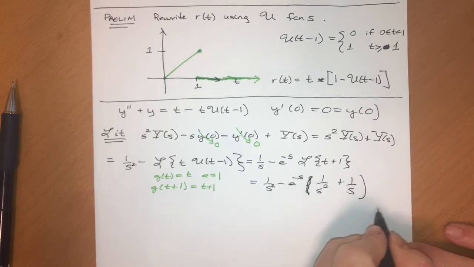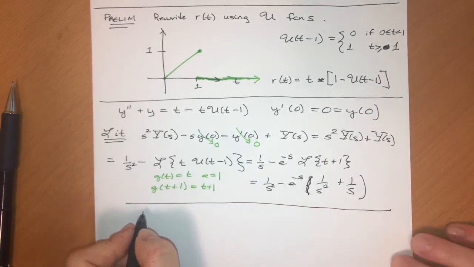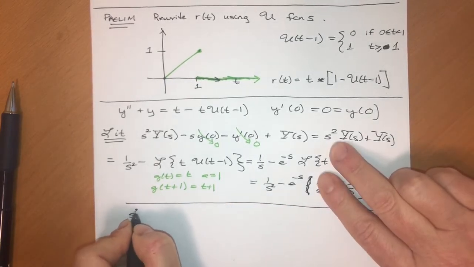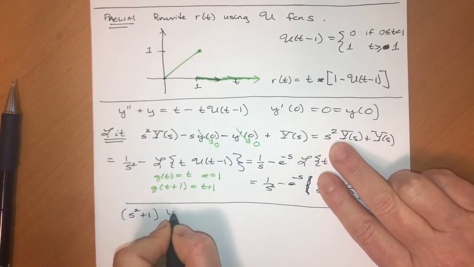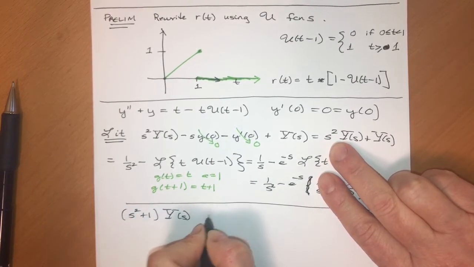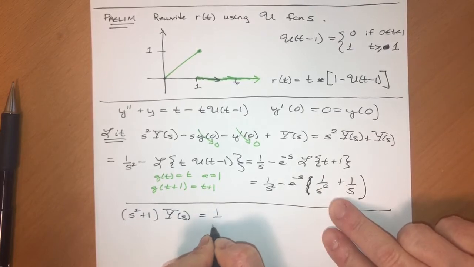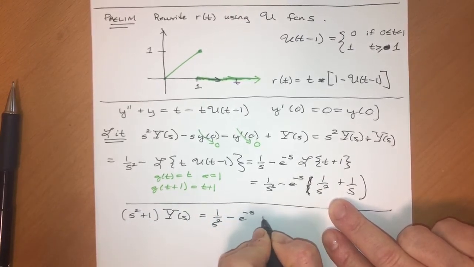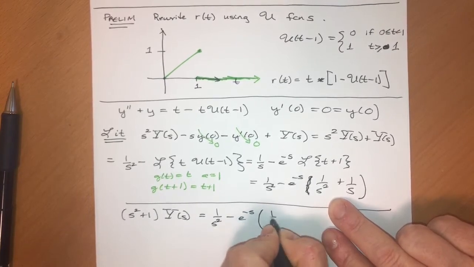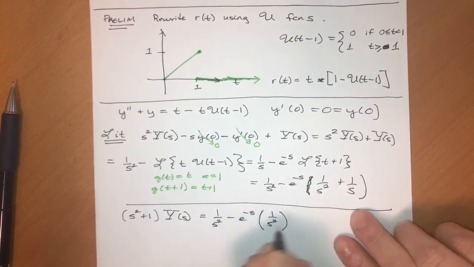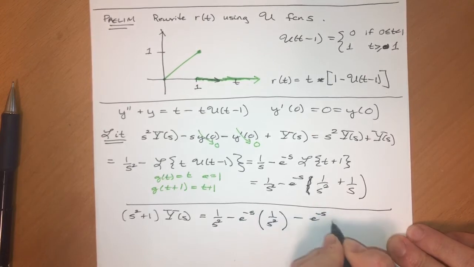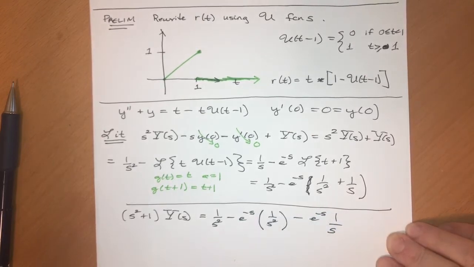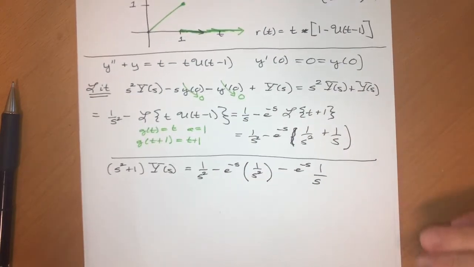So cleaning everything up now, you have s squared plus 1 times the Laplace of y equals 1 over s squared minus e to the minus s, 1 over s squared minus e to the minus s, 1 over s. So I just did a little distributing there.